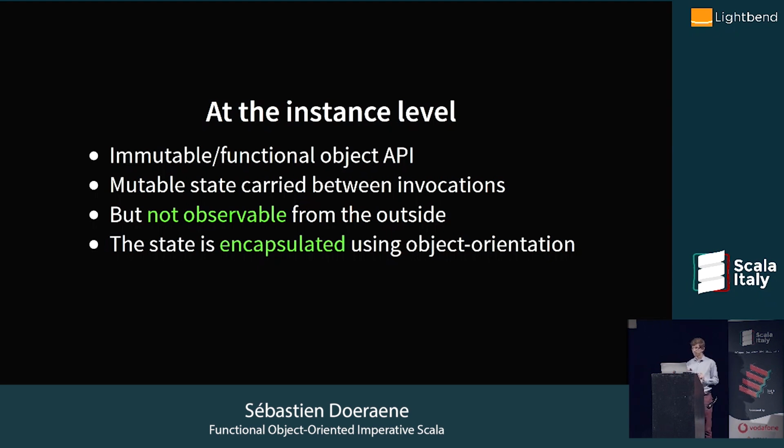And so, of course, it's already on the slide, but this is encapsulation, right? Within an object, within a class, I have implementation details, which use state. But from the outside, this state, those variables, are not observable. This is the very definition of encapsulation, and I would argue it's the property, the advantage that object orientation gives you.